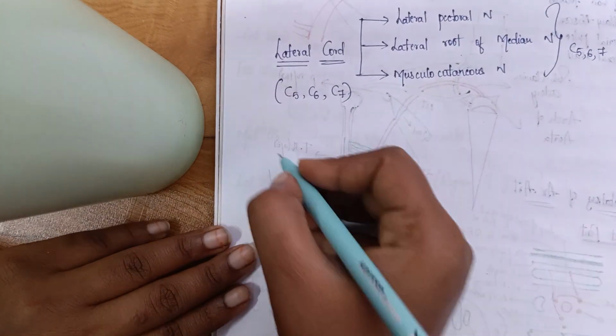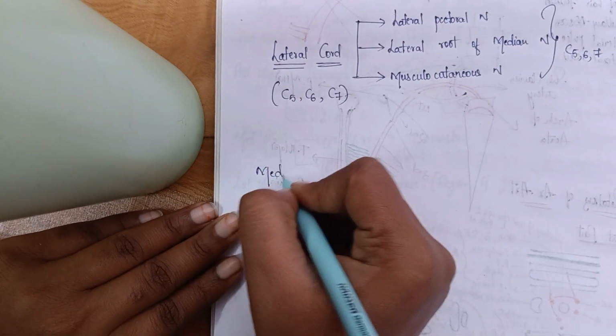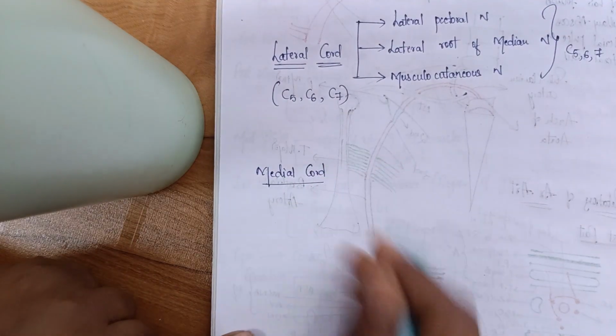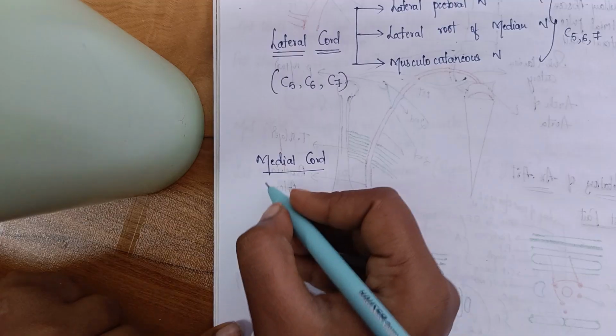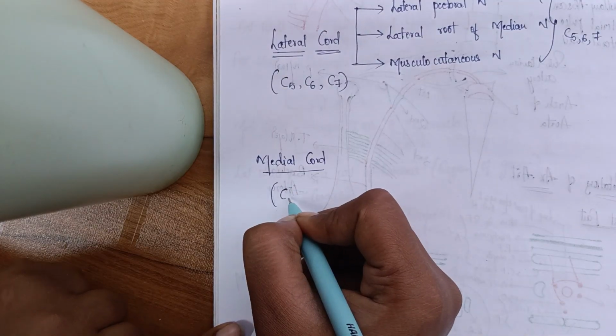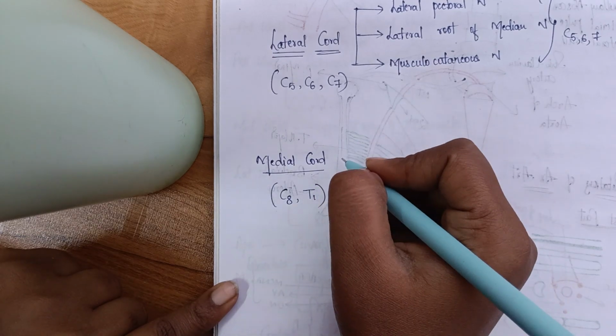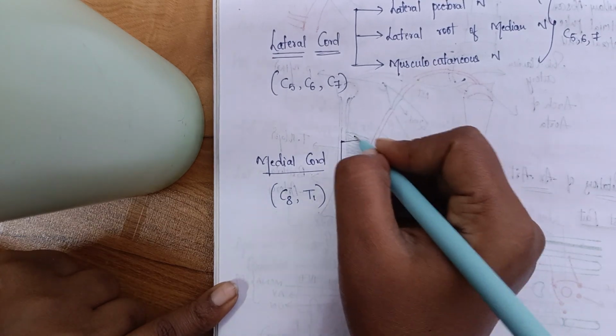And now we'll go with the medial cord. The medial cord is formed from the lower trunk. The lower trunk has the root value of C8 and T1. There are five branches which are arising from the medial cord.